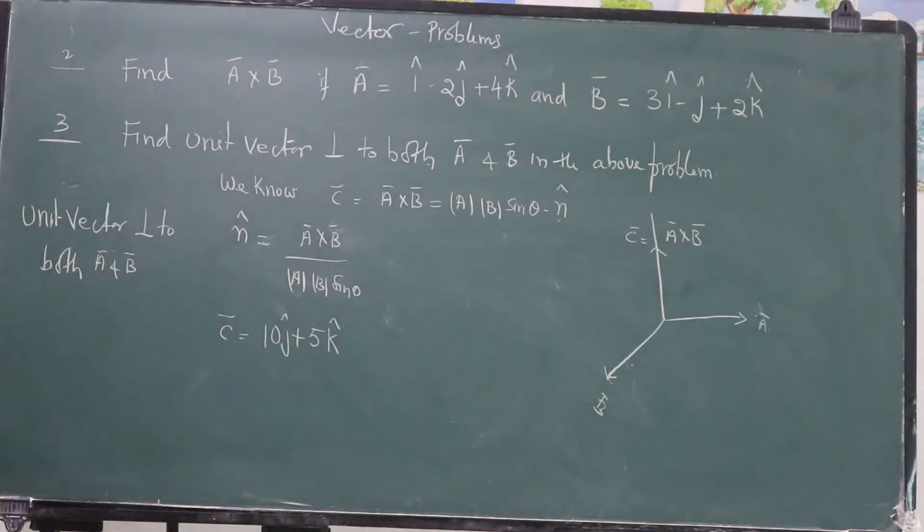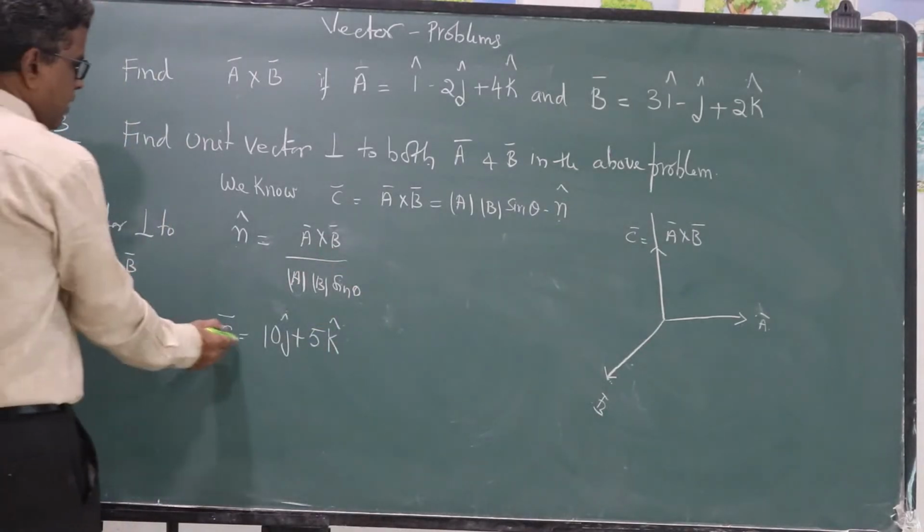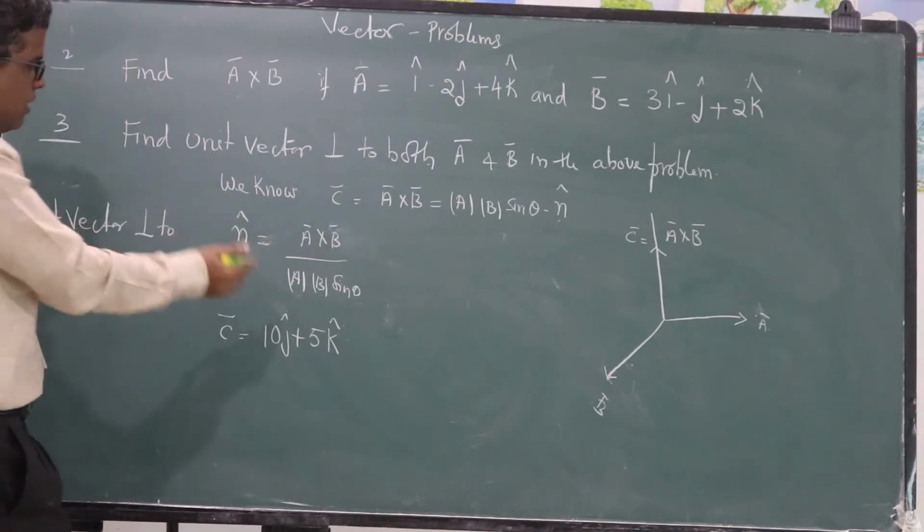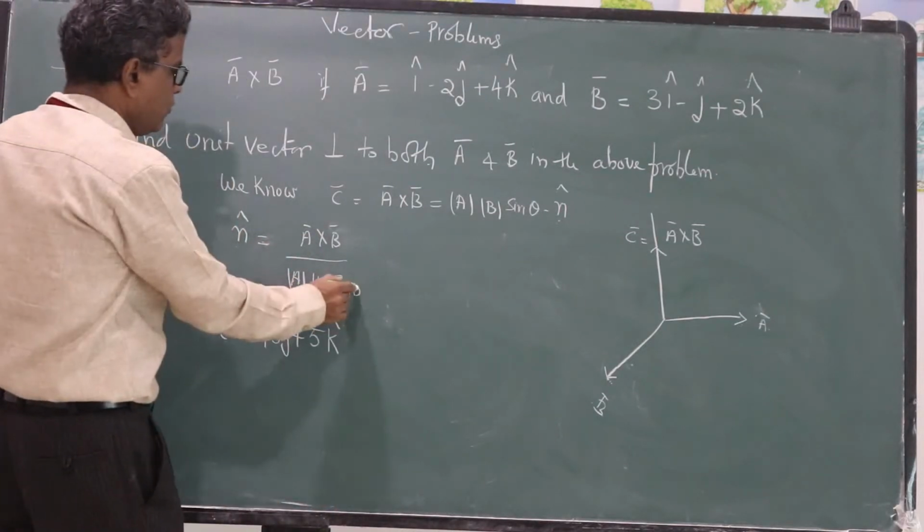Okay. So we have C bar already, and we want theta. So you find the theta.